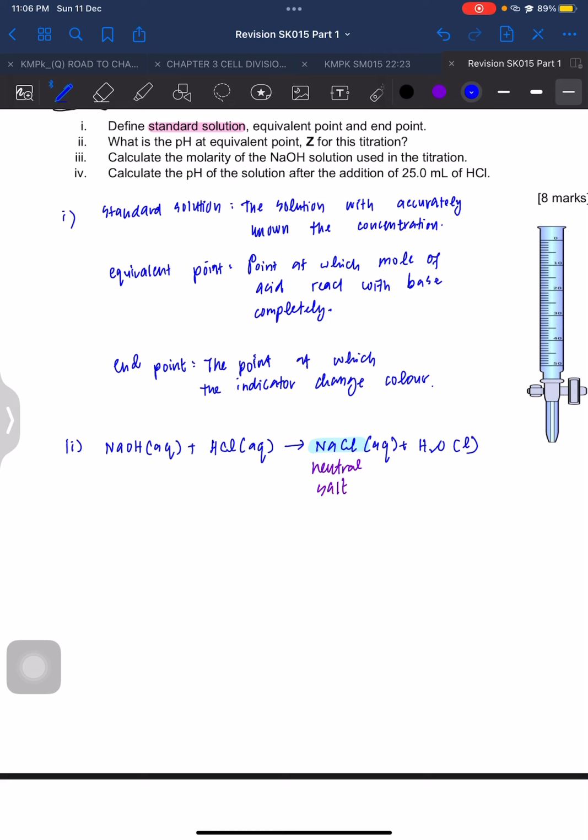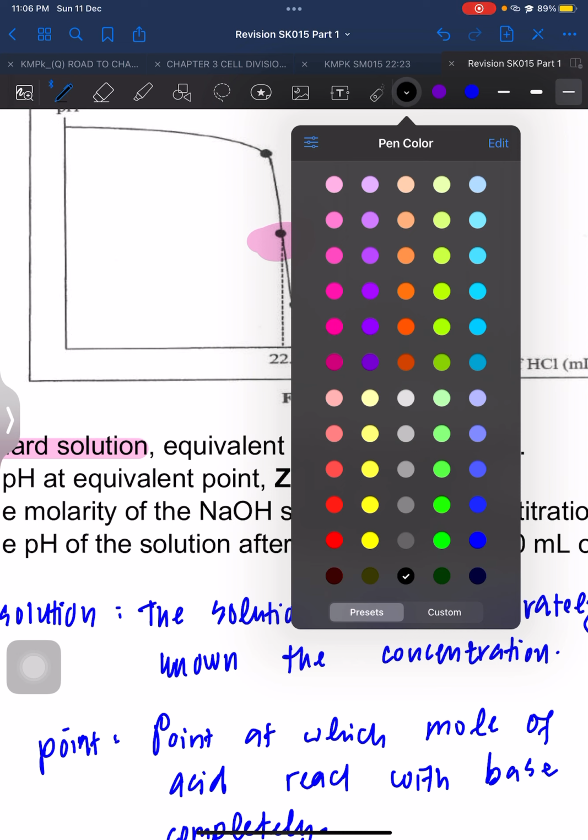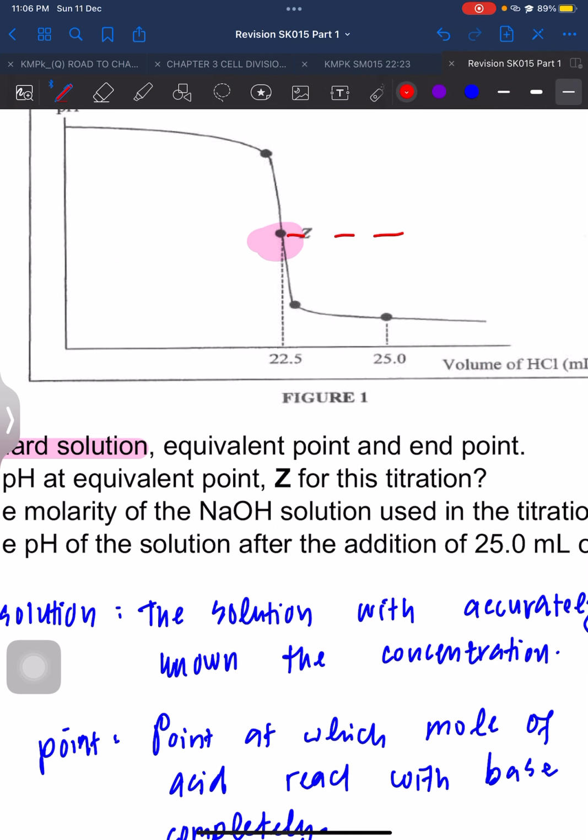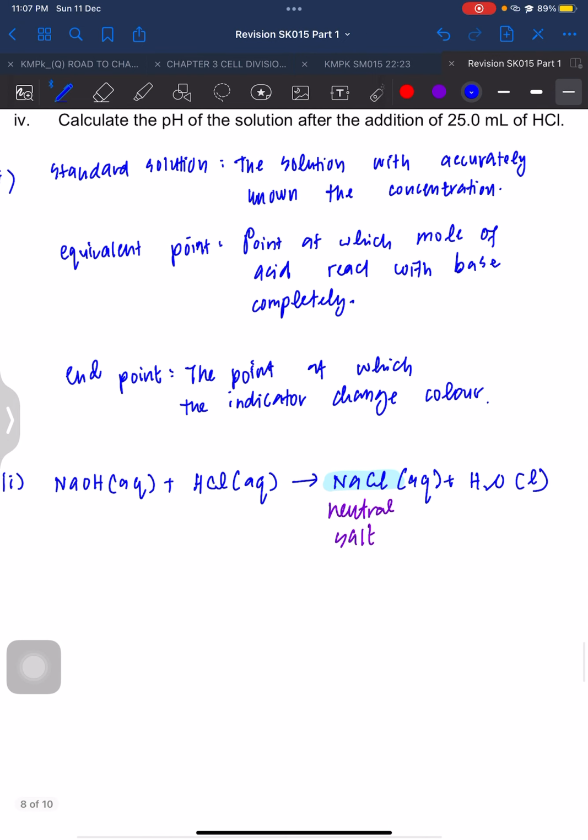Okay, so that's it. We have to know this. So basically, once this equivalent point is reached, the pH must be neutral. Okay, the pH must be neutral. So we can say pH 7, and it will produce the neutral salt.